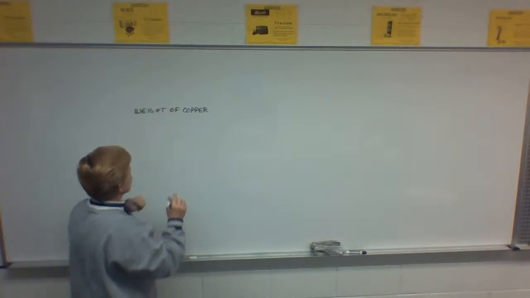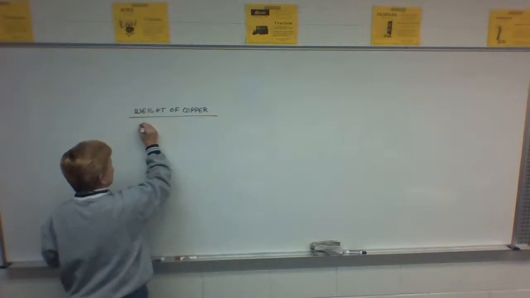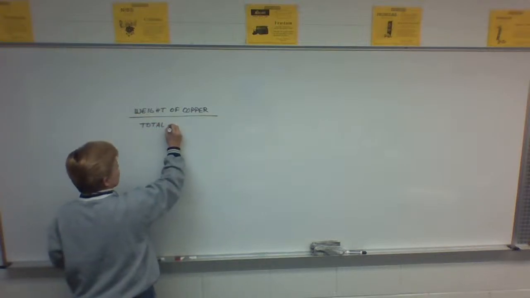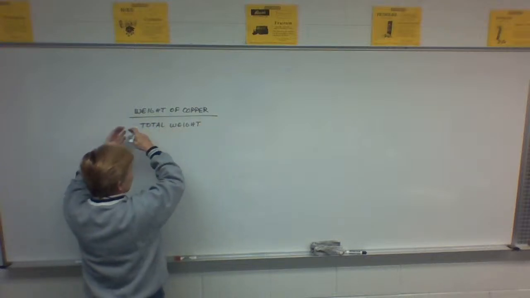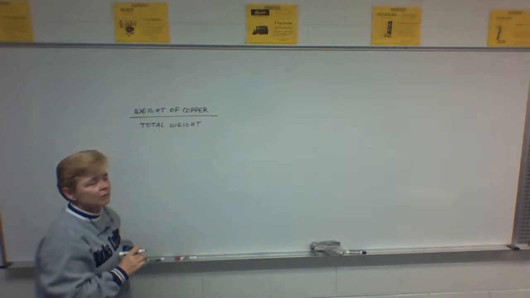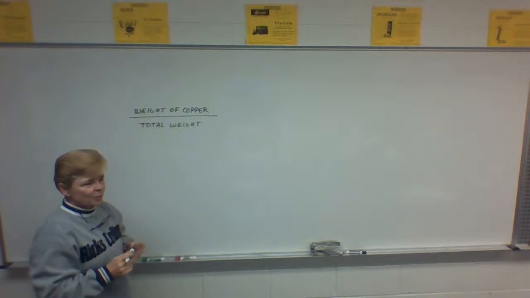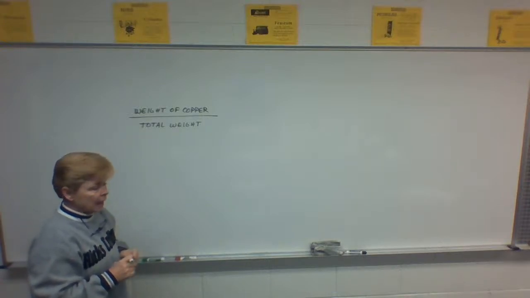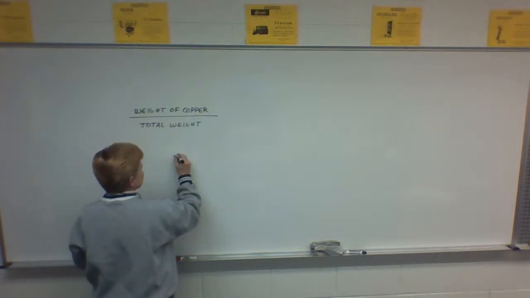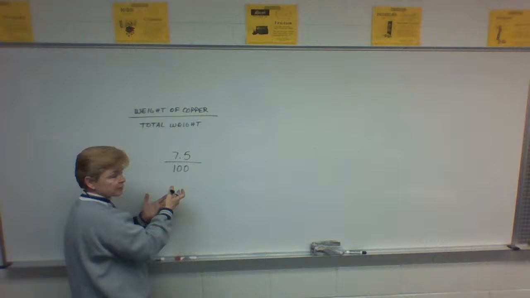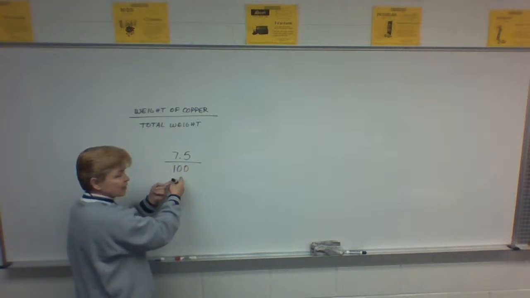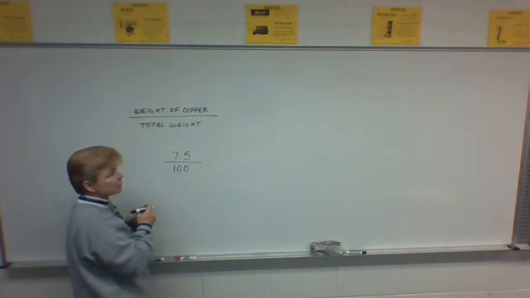So if I take the weight of the copper and divide it by the total weight of the metal, that will be what percent copper I have. And for us, that is 7.5 to 100. We're forcing the percentage idea to come out here. 7.5 pieces out of 100 is copper.